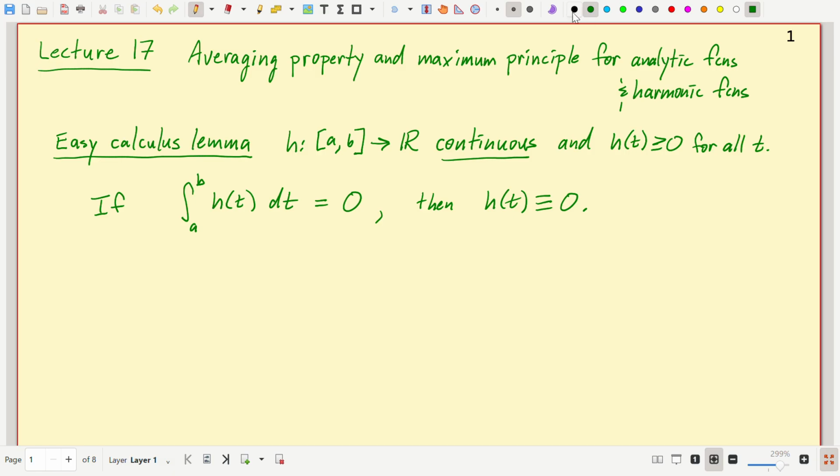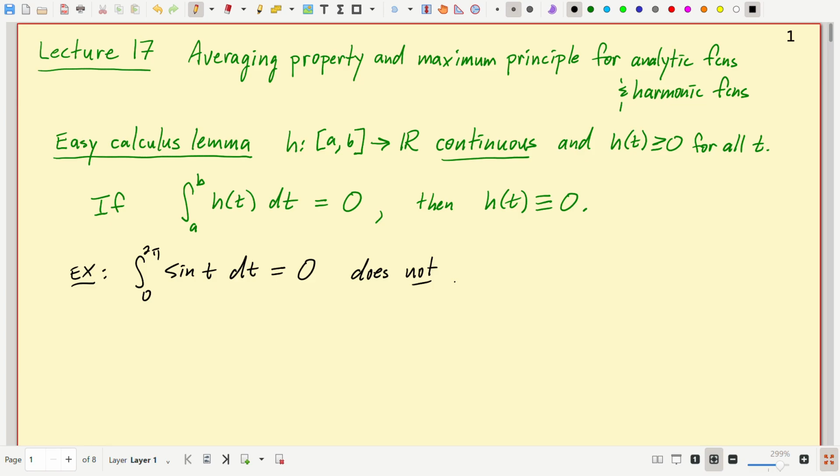For example, let's say the integral from 0 to 2 pi of sine of t dt is equal to 0, but of course that doesn't imply that sine is 0. Because sine is not a positive function on that interval.